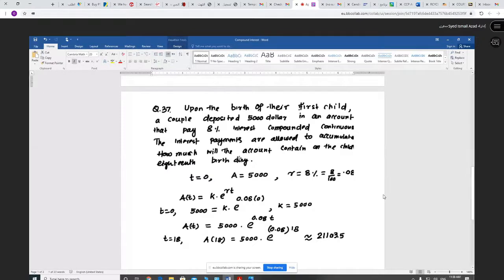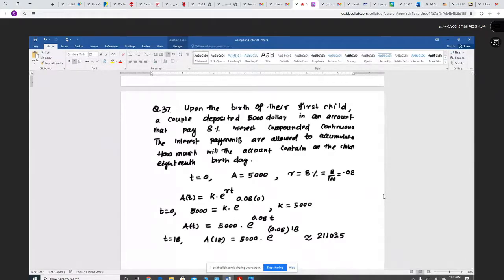So what he is asking us to find is how much this 5,000 will become when the age of the kid is 18. In other words, how much will this amount be after 18 years? At the start, we always put time as 0.